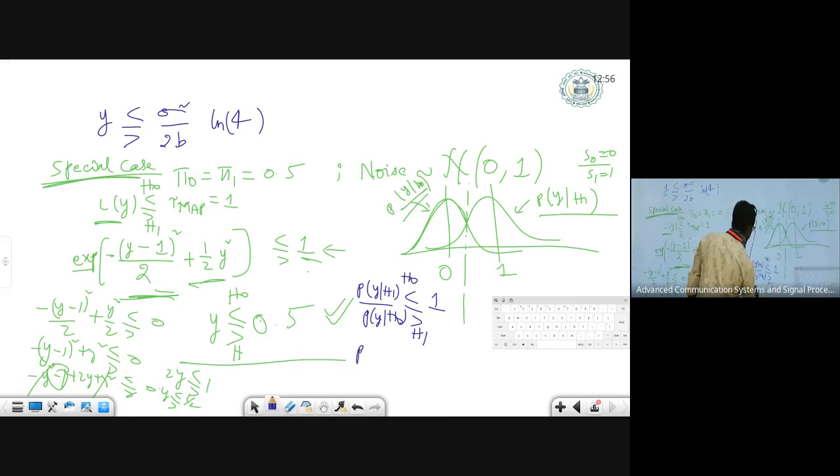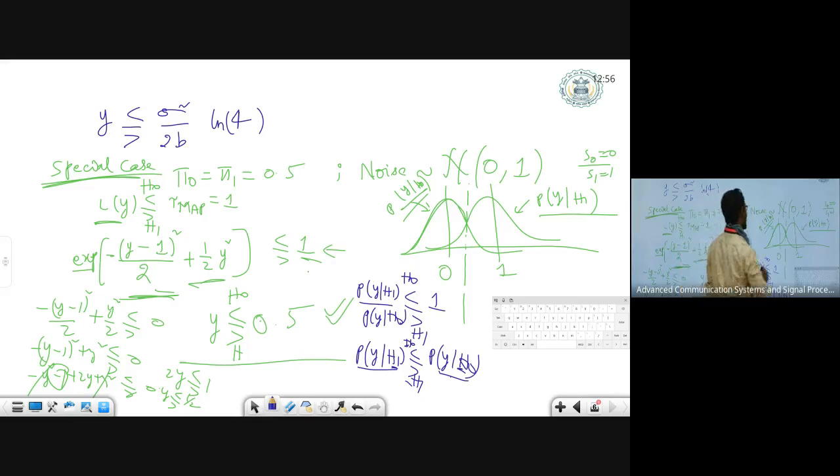So whichever likelihood function has the larger value, towards that we take the decision. If this likelihood function is more compared to this one, then I'll take the decision towards h1. If this likelihood function is more, then we take the decision towards this symbol.